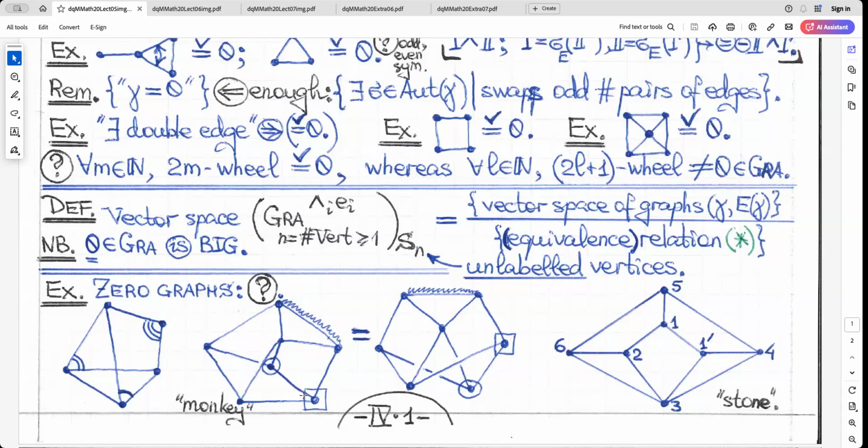Okay, and this graph also is zero for immediate considerations of symmetry. Let us see it as an exercise: 1 pair, 2 pairs, 3 pairs, 4 pairs, 5 pairs of edges go to each other under a flip, under a symmetry.